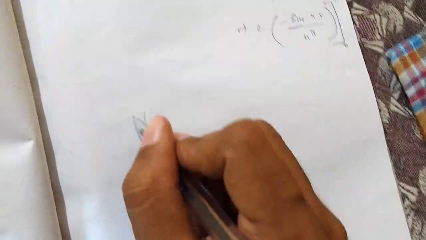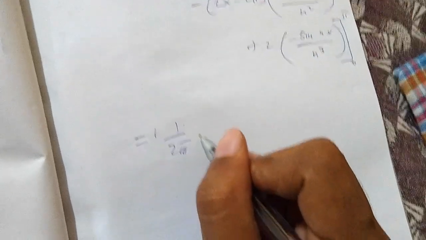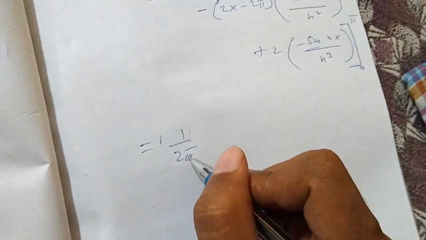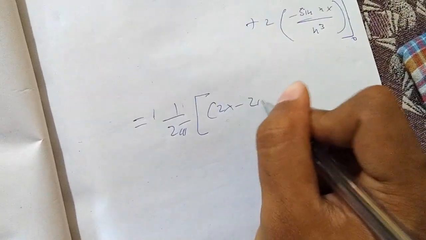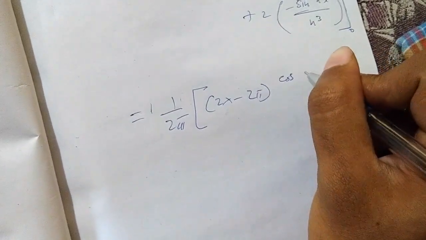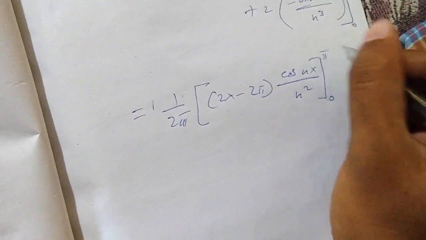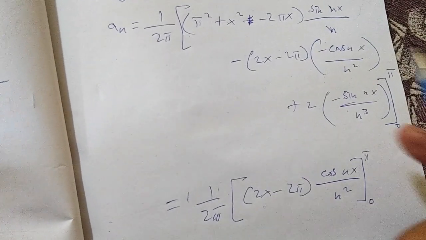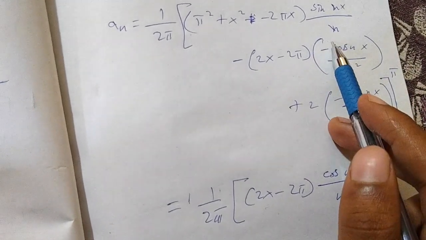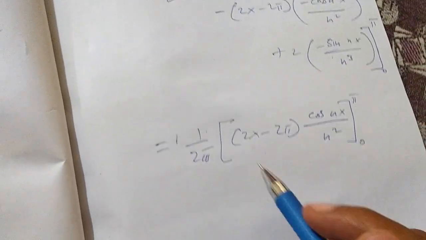So we get 1 by 2 pi, 2x minus 2 pi, cos nx by n squared. So if these two terms become 0, then this is what we get. And this minus and minus will become plus. So there's no minus.